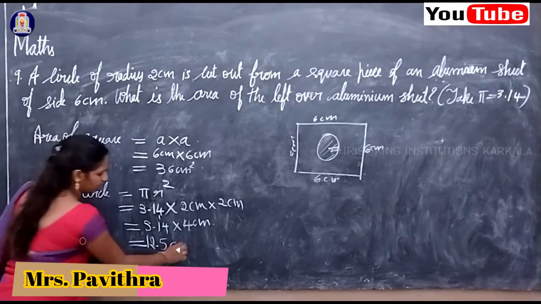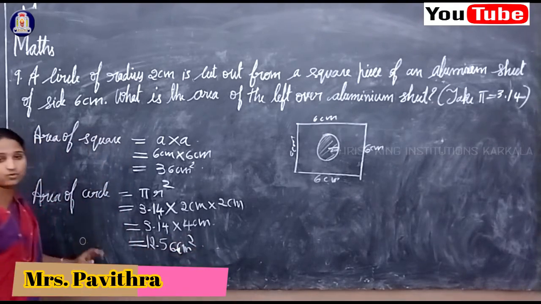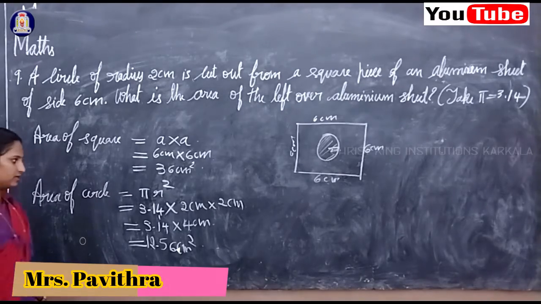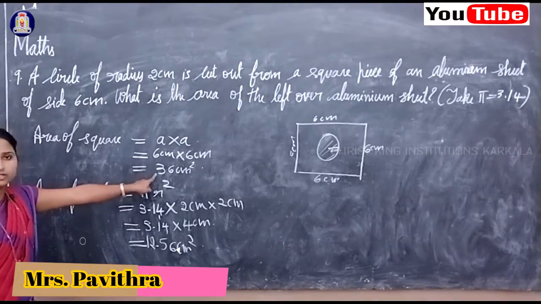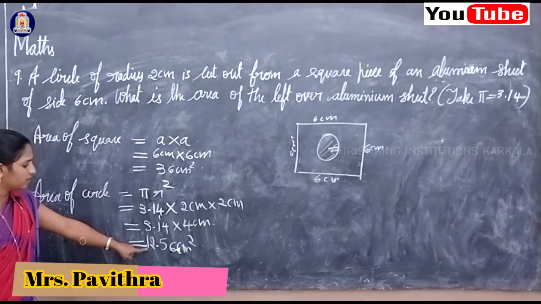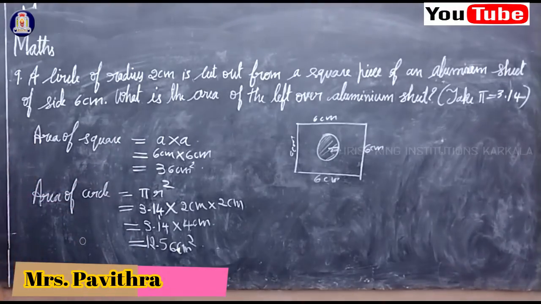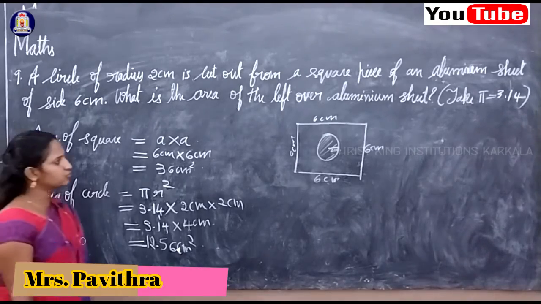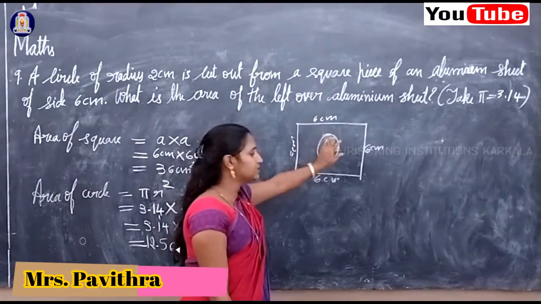So 12.56 centimeters square, that is the area of the circle. Clear? Area of square we know is 36 centimeters square, and the area of that circle is 12.56 centimeters square.